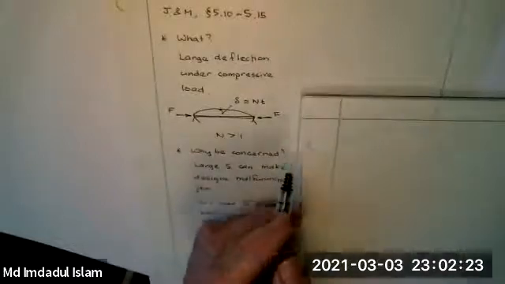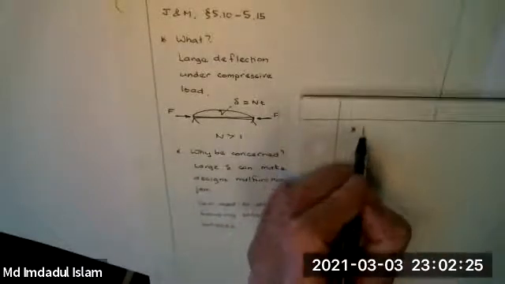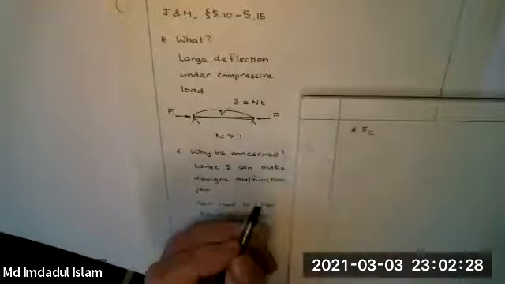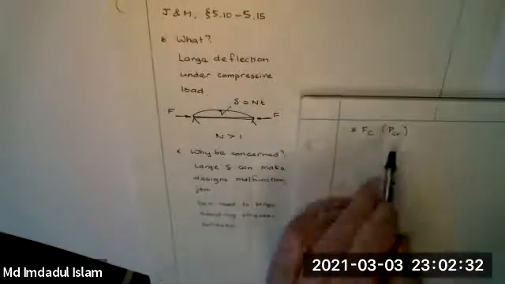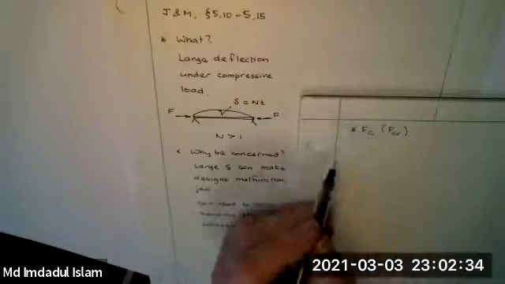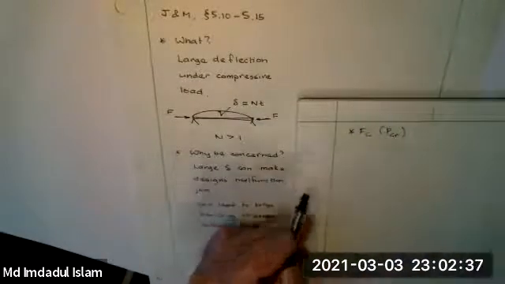So what we want to do is determine this thing we're going to call FC. The book uses PCR, they're the same thing. With my handwriting, this will be clearer.